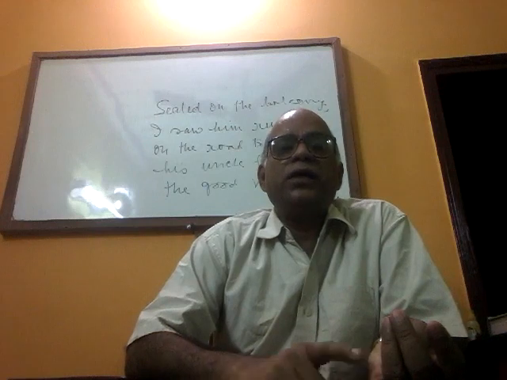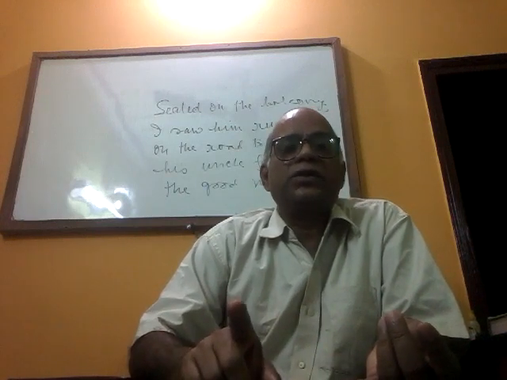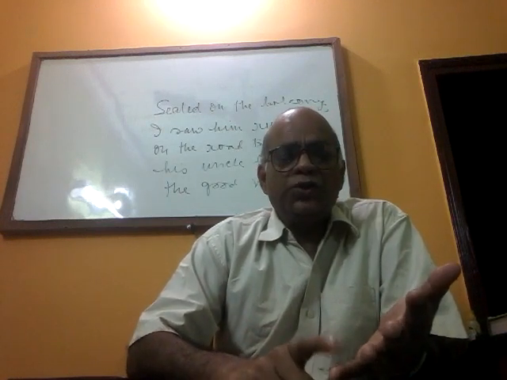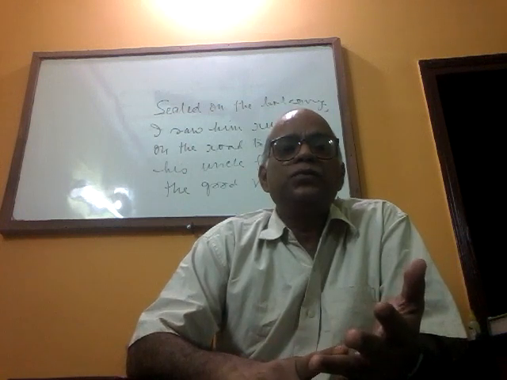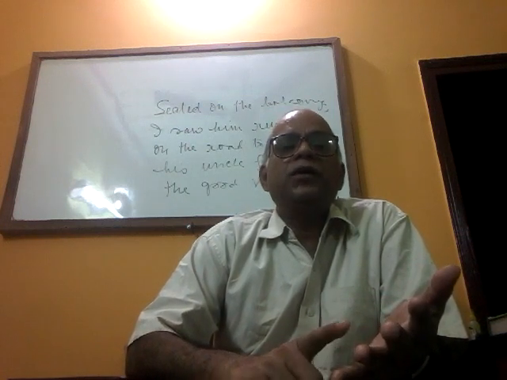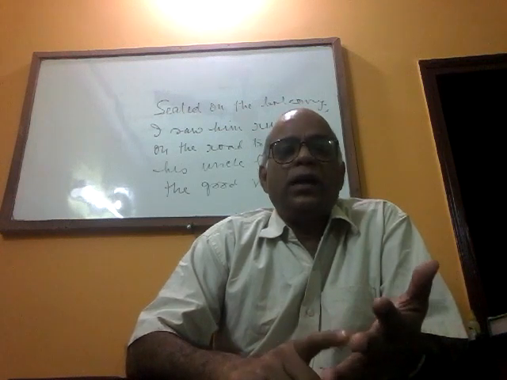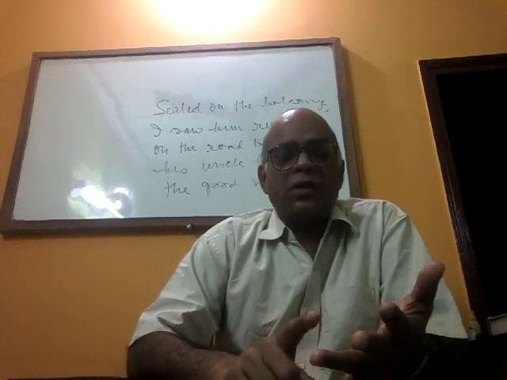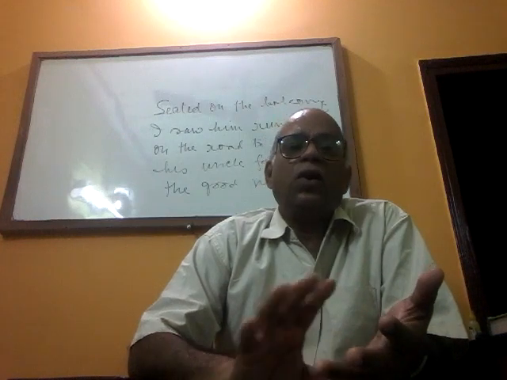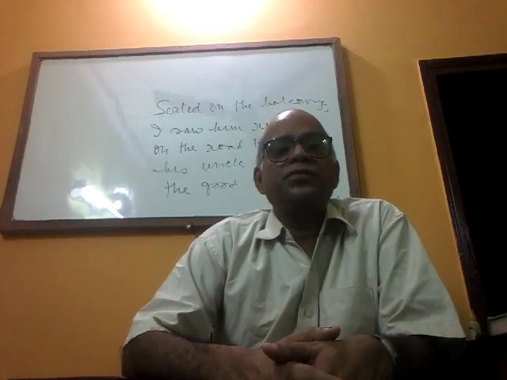So when they are used as relative pronouns, these are all subordinating conjunctions like who, which, when, where, what, how. And then if, because, since, as, lest, unless, until. These are all subordinating conjunctions.